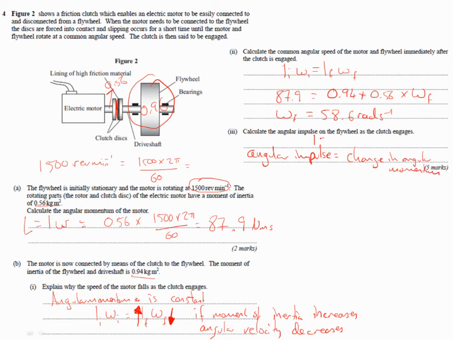So just like impulse is force times time, which is the change in momentum, if it was non-rotating, it's exactly the same or similar for rotating systems. So 0.94 times 58 equals 55.1 Newton meter second.